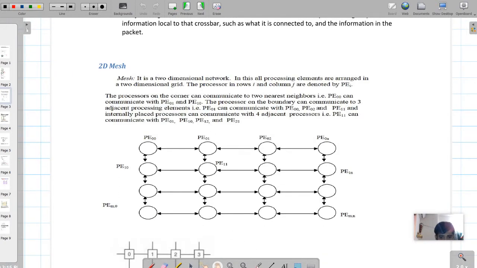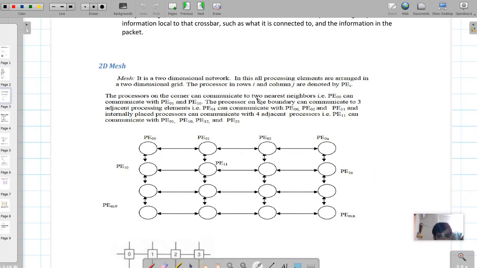Just look into the definition. It is a two-dimensional network. In this, all processing elements are arranged in a two-dimensional grid. If you look into this diagram, they are fabricated as a two-dimensional grid.